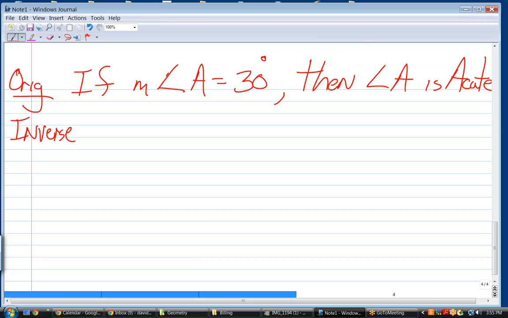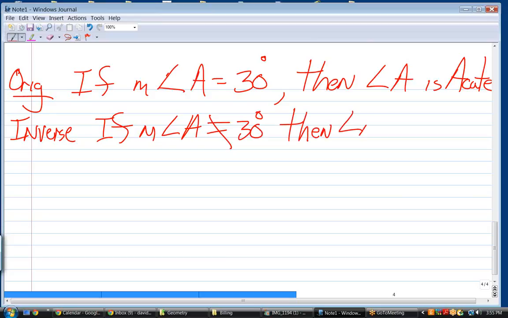The inverse would be: if the measurement of angle A is not 30 degrees, then angle A is not acute. Notice that all I do is take my original statement and put not in front of both parts.